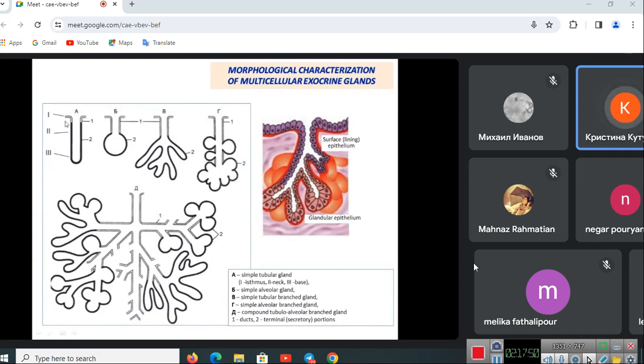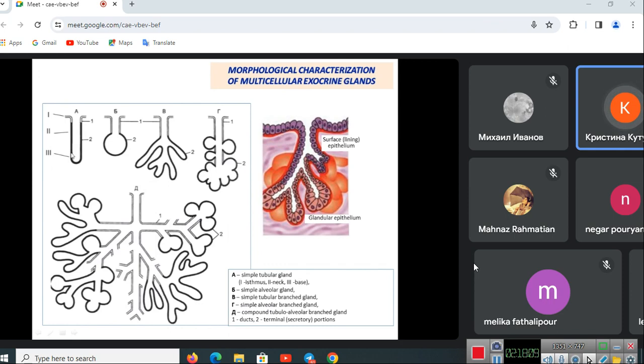The first name, simple, goes after the branching or not branching of the duct. The duct here is not branched, so the first name of this will be simple. Next, we look at the secretory portion, if it is branched or not.